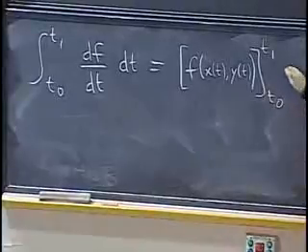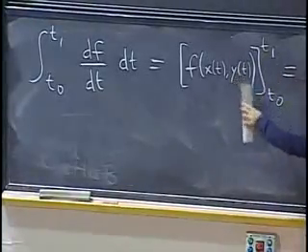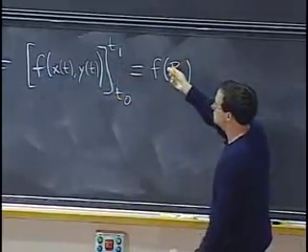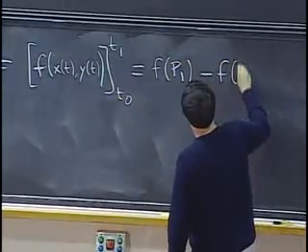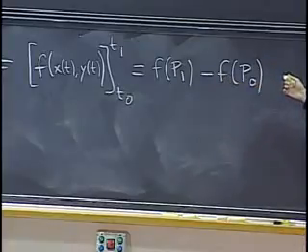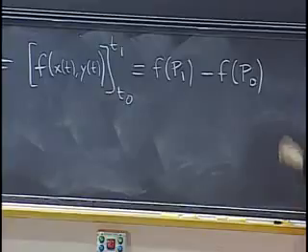Yeah. Okay. And so when I plug in t1, I get the point where I am at time t1. That's the end point of my curve. When I plug t0, I will get the starting point of my curve, p0. And that's the end of the proof. It wasn't that hard, see?